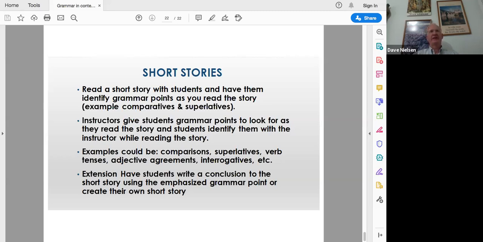I hope this has helped you to understand the PACE model, again, which is to present something, to draw attention to the grammar point, to have them co-construct the grammar point with you, and finally to give them an extension activity, hopefully something more personable to them, where they can extend on what you already presented and then practice and use that grammar point in context.